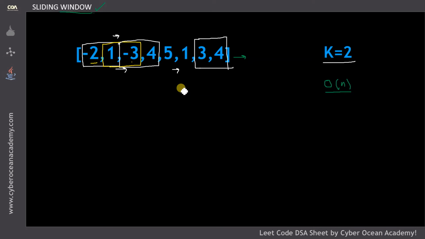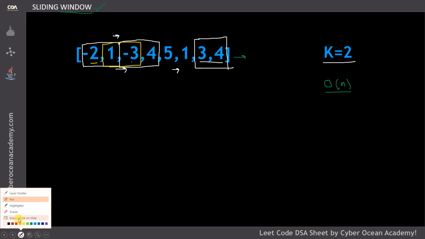Every time we slide, we leave the initial element and add the next element inside the window. Inside this window we add each and every element. Now suppose the size of the window is greater than 2.